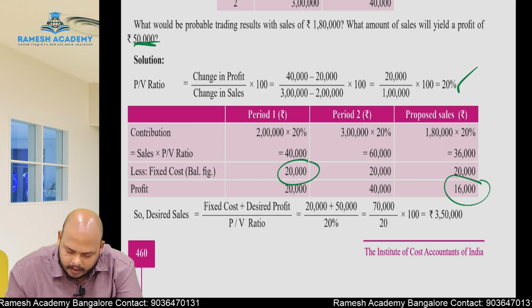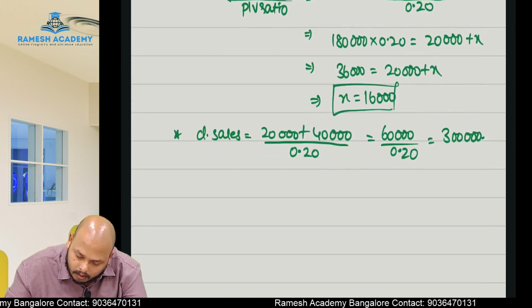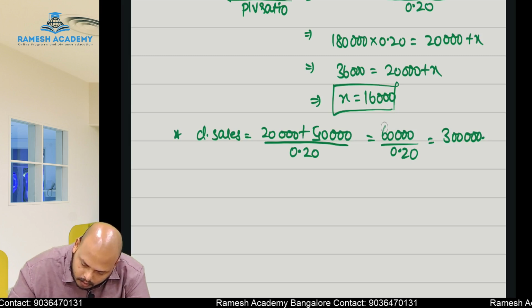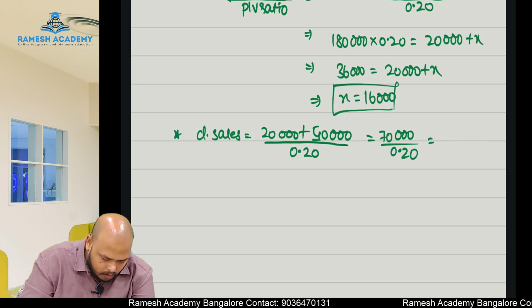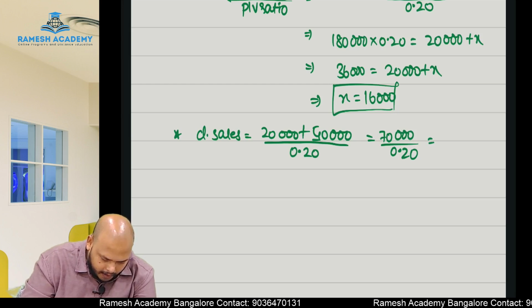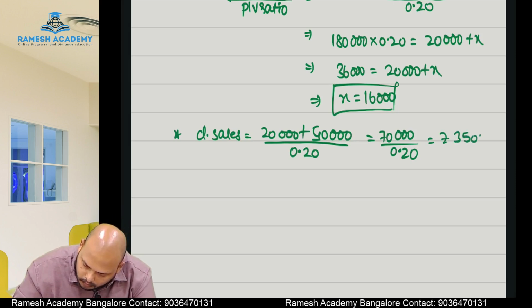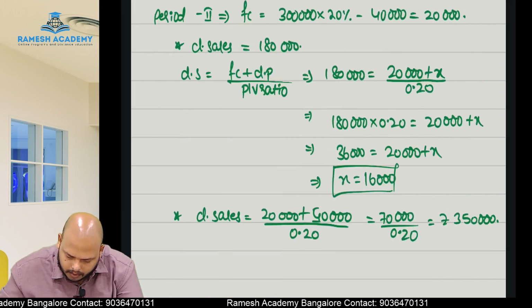When the desired profit is 50,000, take 50 plus 20, 70,000. 70,000 divided by 0.2, 3 lakhs. Same thing he also got for desired sales.